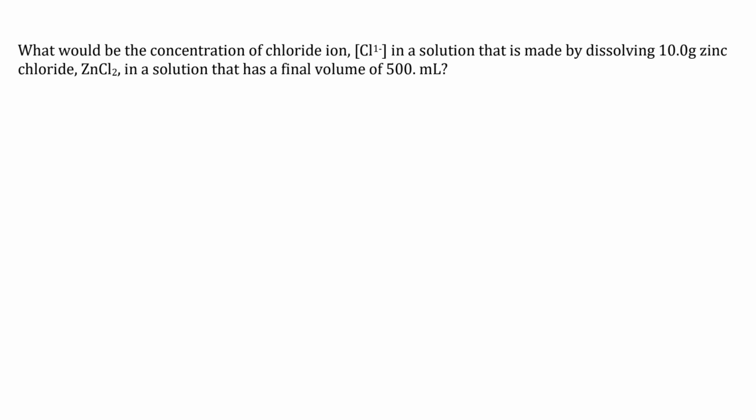What would be the concentration of chloride ion in a solution that was made by dissolving 10 grams of zinc chloride in a solution that has a final volume of 500 milliliters?